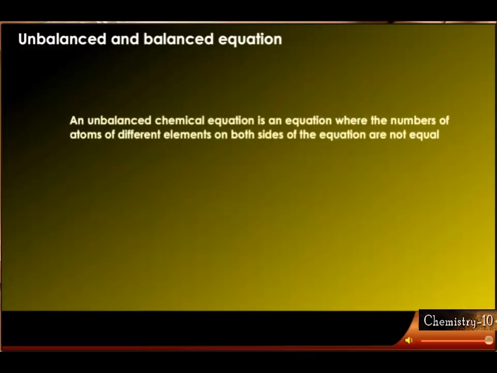An unbalanced chemical equation is an equation where the numbers of atoms of different elements on both sides of the equation are not equal. Example: Mg + O2 → MgO, unbalanced.